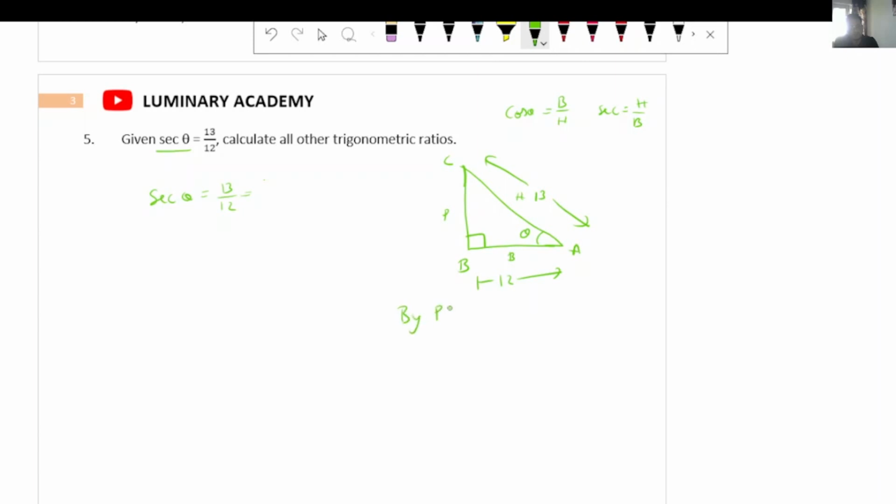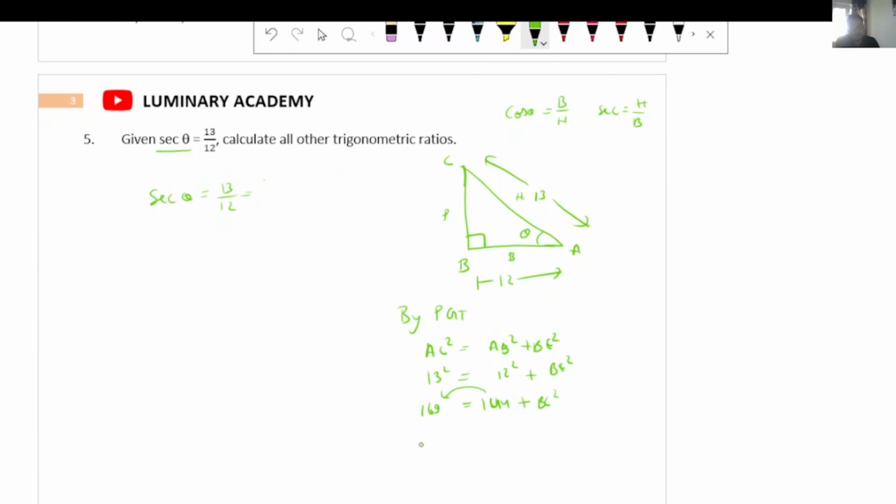So by PGT you can find that AC square is equal to AB square plus BC square. So what is AC square? 13 square. What is AB square? That is 12 square. And BC square is what you need to find. So 13 square is 169, 12 square is 144, plus BC square.